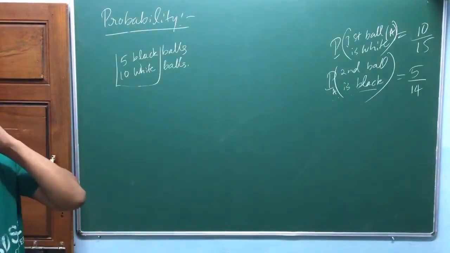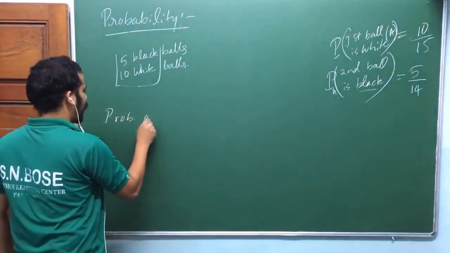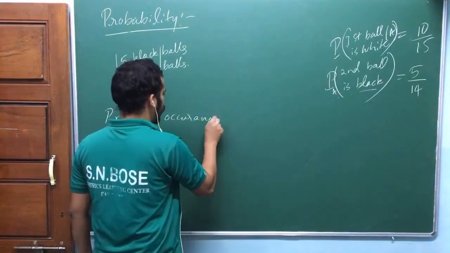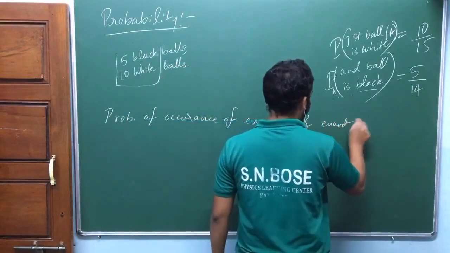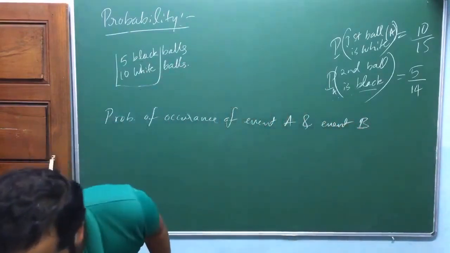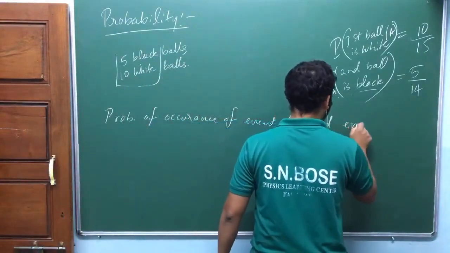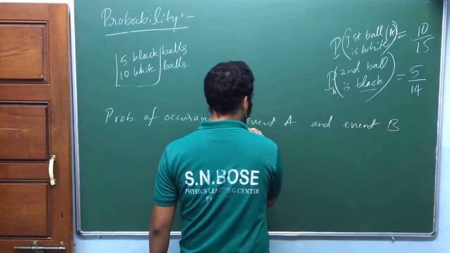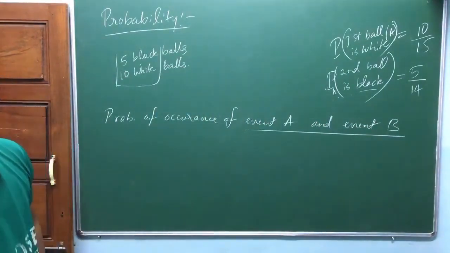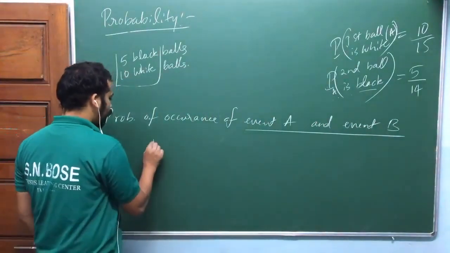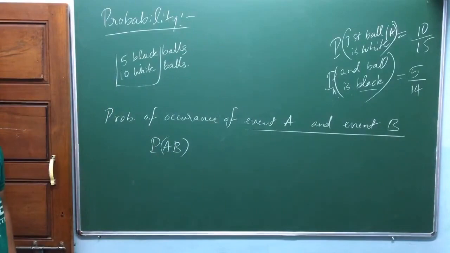Now look at here, probability of occurrence of event A and event B, one after other. Is that okay? So we are going to call it as PAB.